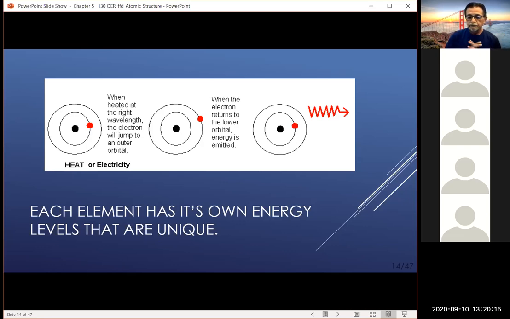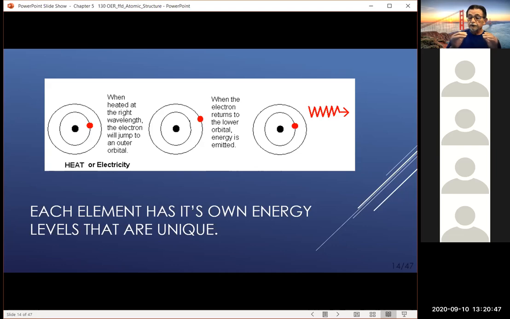So in this diagram, it shows you what happens to, in this case, this could be hydrogen. We got hydrogen with a nucleus, one electron on the first orbit, denoted by the red dot. Well, we hit it with energy, in this case, electricity. It excites hydrogen, okay? The electrons get excited. If there's enough energy, it actually kicks it up to the next energy level, okay? And that is the excited state, because that is not where it normally exists.